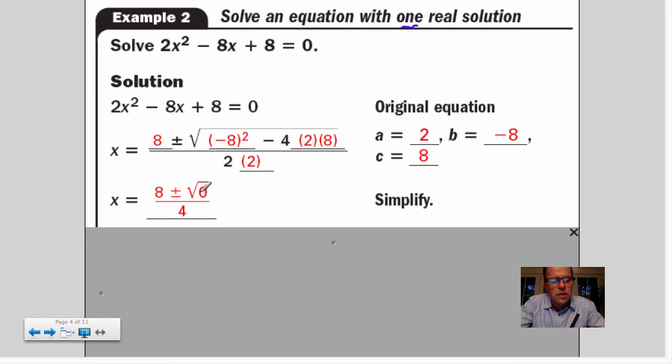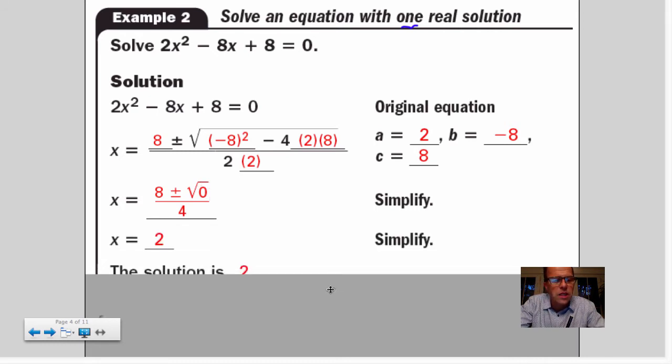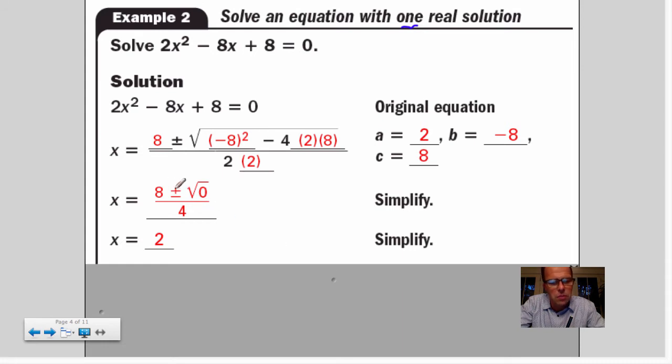Notice here what happens to the numbers under the square root. And this, by the way, is called the discriminant. That was one of your vocab words. This is b squared minus 4ac. And this right now goes to 0. And because the discriminant, the numbers under the square root, went to 0, the plus minus becomes obsolete, right? This is 8 plus 0 or 8 minus 0.